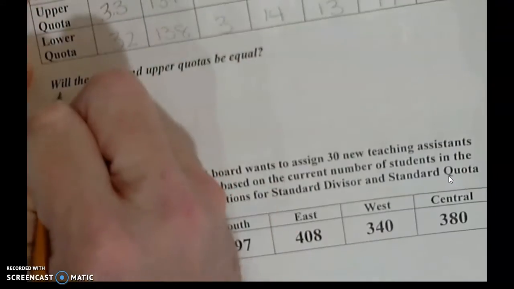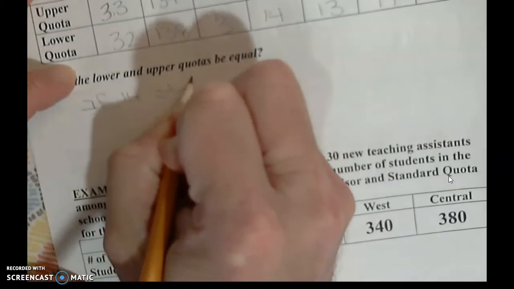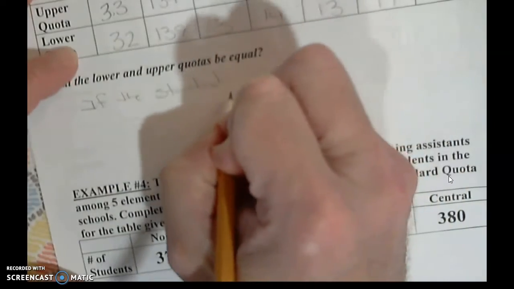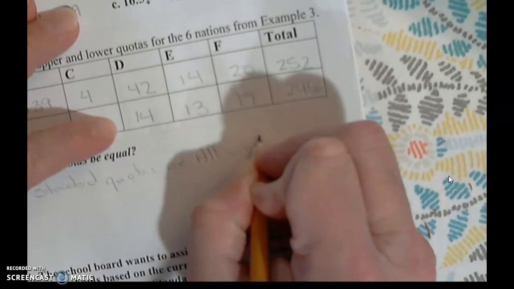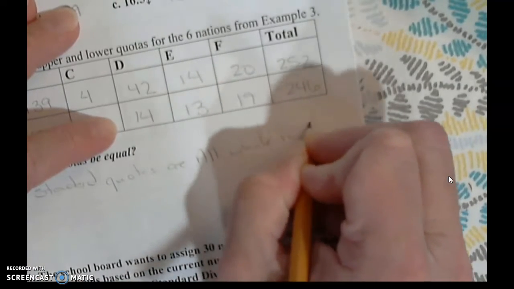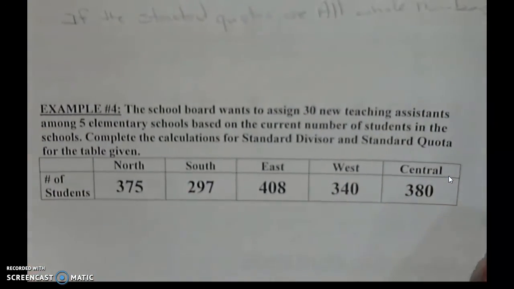Okay, so the only time the lower and upper quotas will be equal is if the standard quotas are all whole numbers. That is the only time that the lower and the upper quotas would be equal.